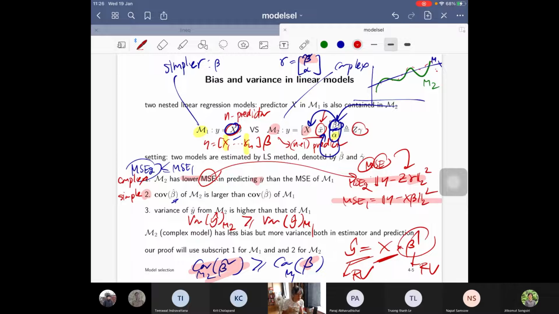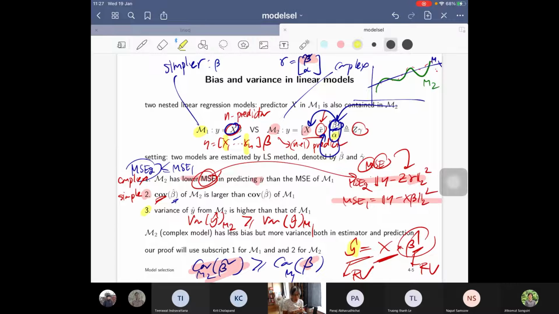Everything is random, and that's why when we talk about its properties, we use moments to explain, for example MSE, the mean of squared error. We use covariance to talk about these parameters, and with the same reasoning, when we talk about y hat, in the third aspect we look at the variance of the prediction.